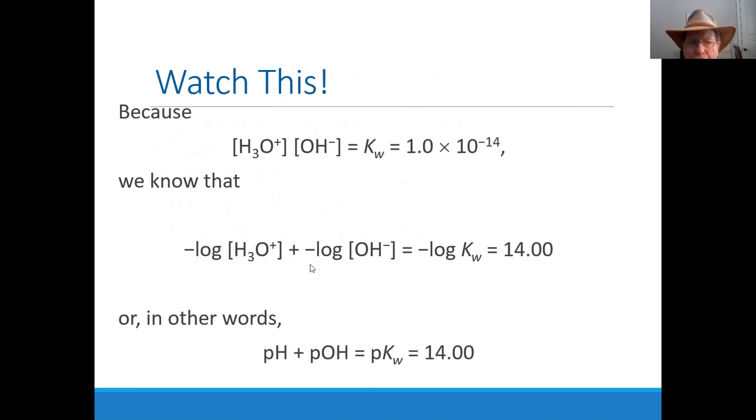This is my pH. This is my pOH. Add pH and pOH, I get 14. Copy that down. You will need that. pH plus pOH equals 14.